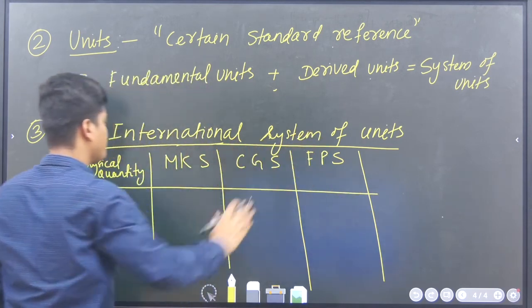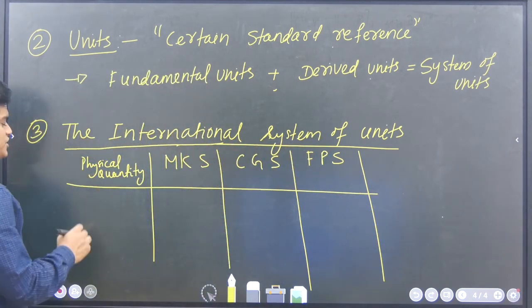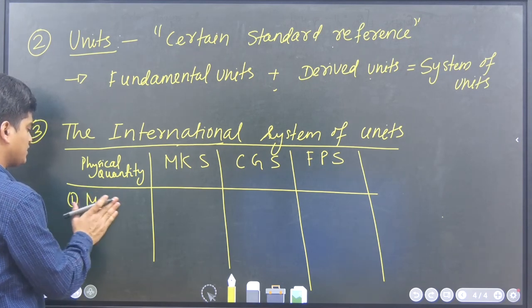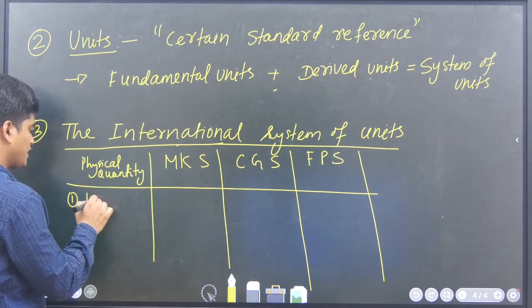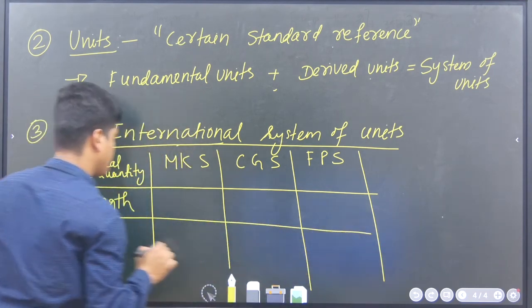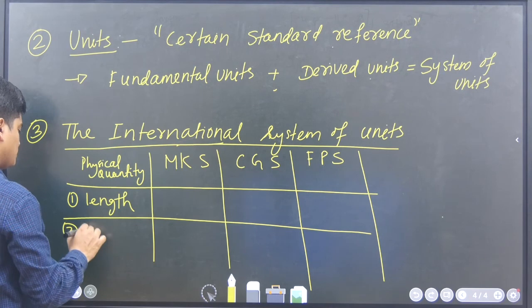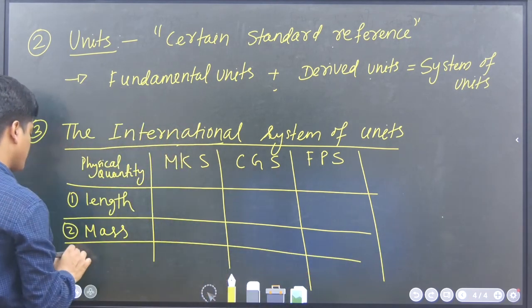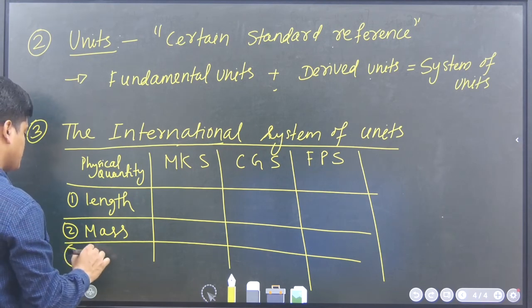Here is the system of units, and below I will write the physical quantities. First, length; second, mass; and third, time.